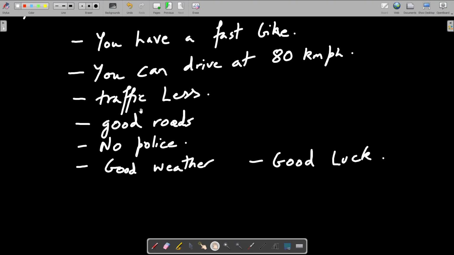Okay. Now see, one default condition is that you require a fast bike. Traffic is also required to be less. Now if traffic is more, then you can never achieve this, right? Assume halfway somewhere there is traffic, say at another Verna junction or something.